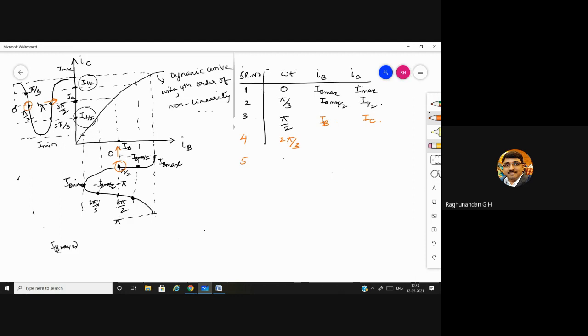The same way for pi. For 2 pi by 3, minus IB max by 2. This one is I half, I minus half, and this one is IB min, and this is I min.